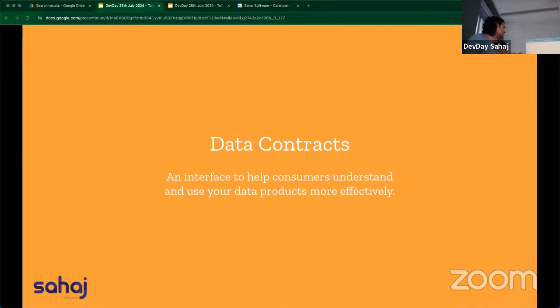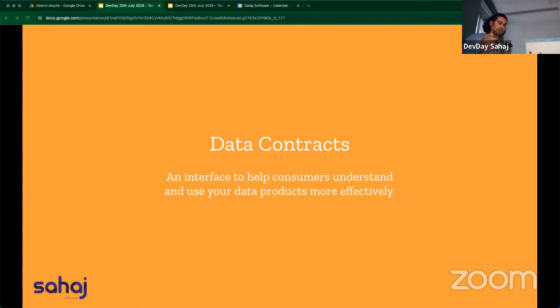So data contracts. We've understood a bit more about data products and how they are organized, and how you can go about building one. We'll dive deeper into it. Data contracts are basically an interface that can help your consumers understand and interpret the data that you're providing them, and that can help them use your data products more effectively.